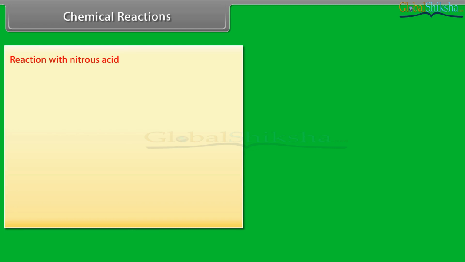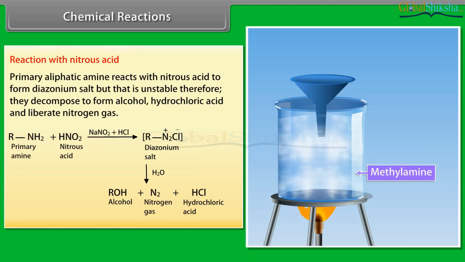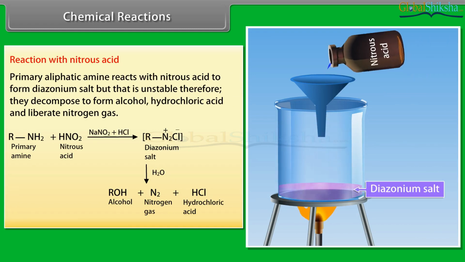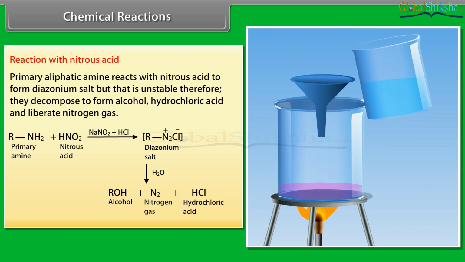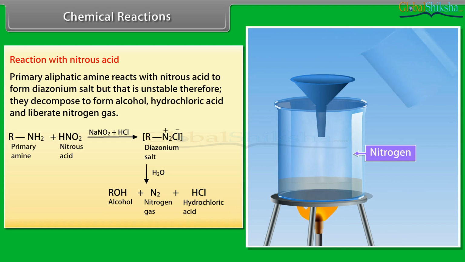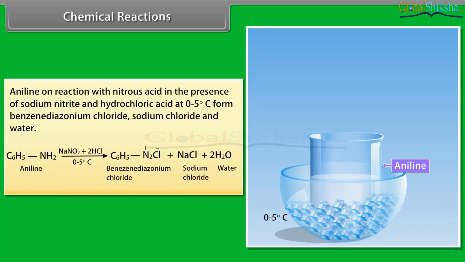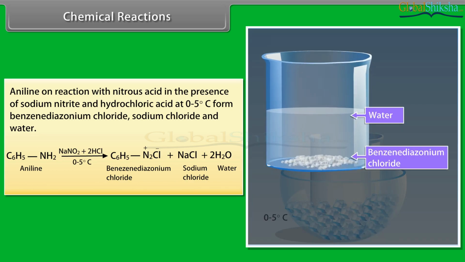Reaction with nitrous acid. Primary aliphatic amine reacts with nitrous acid to form a diazonium salt, but that is unstable. Therefore, they decompose to form alcohol, hydrochloric acid, and liberate nitrogen gas. Aniline on reaction with nitrous acid in the presence of sodium nitrite and hydrochloric acid at 0 to 5 degrees Celsius forms benzene diazonium chloride, sodium chloride, and water.